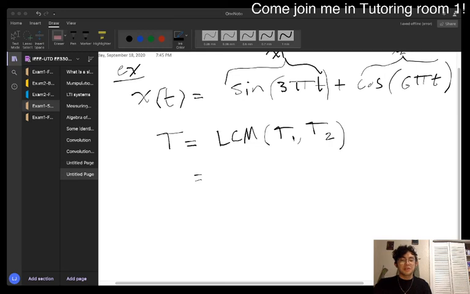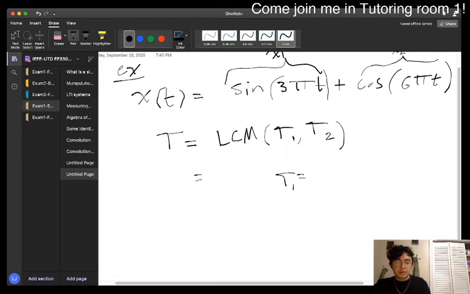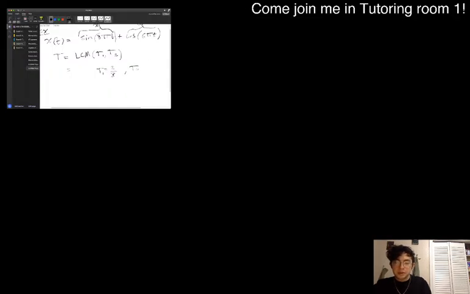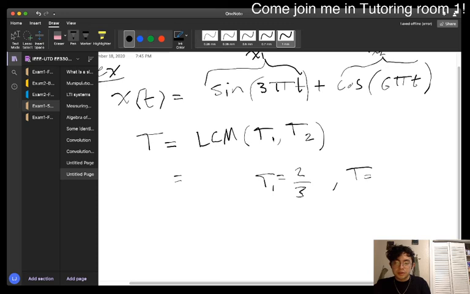Right, so this one has a period of 2/3. T1 is equal to 2/3. Then T2 is equal to, I think, 1/3.